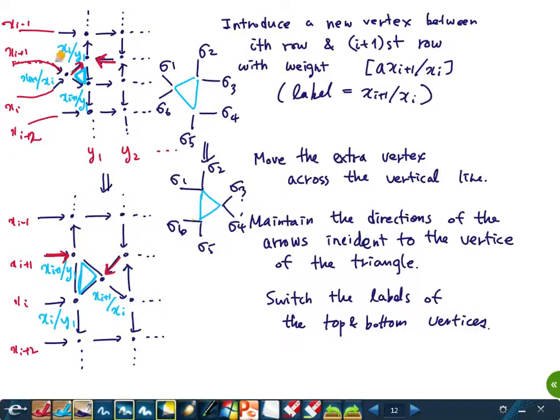This is equal to this, this is equal to this. This is outgoing, outgoing, outgoing, outgoing, incoming, incoming, like that. I just kept the directions of the arrows incident to the triangle. But I haven't decided yet the orientations of the arrows on the sides of the triangle.